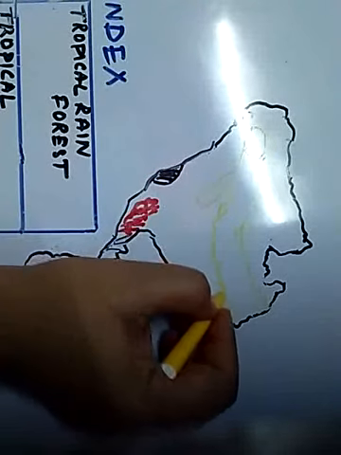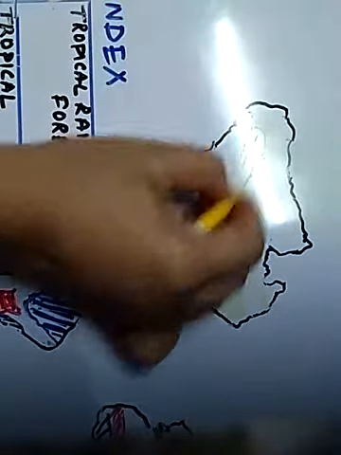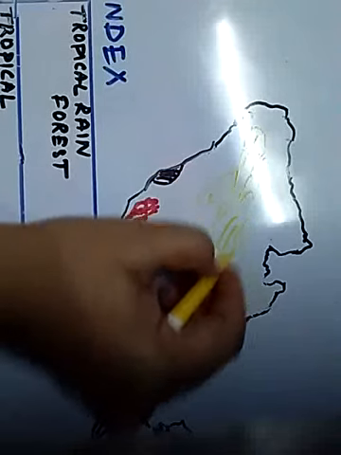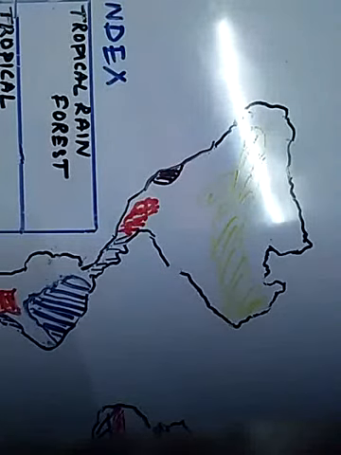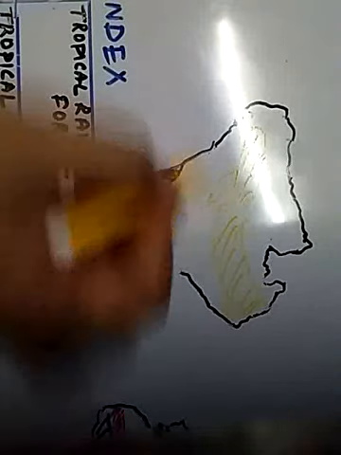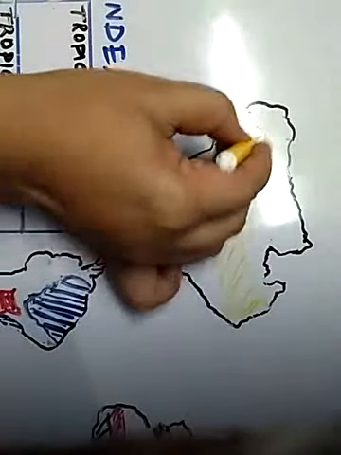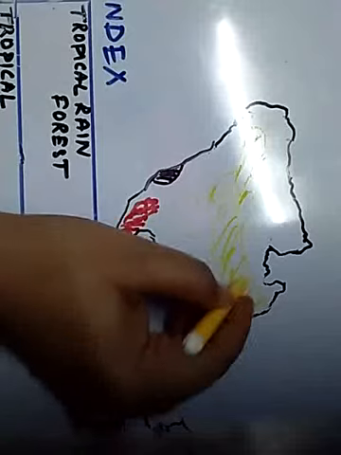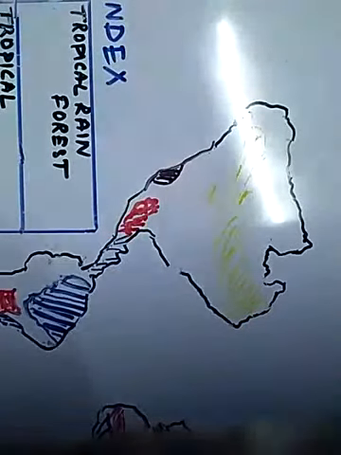So in examination, either you will have to locate, label, color, or you will have to just identify the type of forest, and you can easily identify the temperate softwood forest.